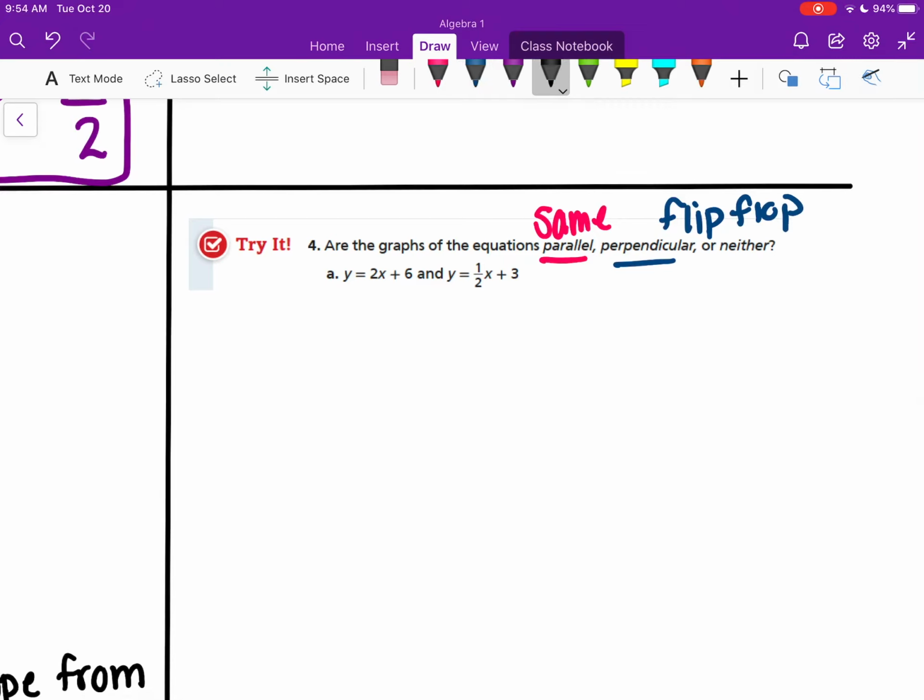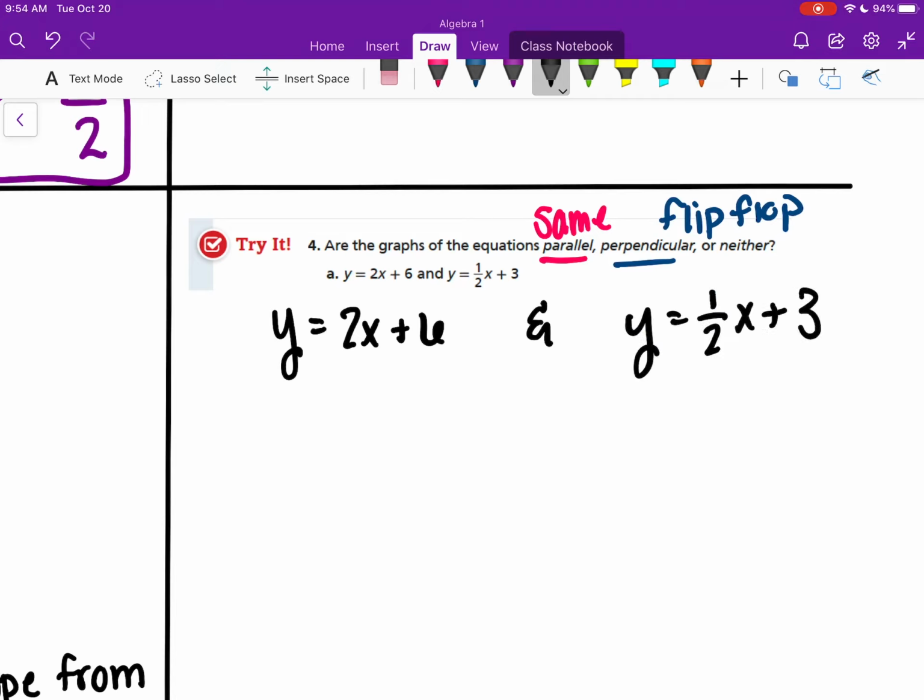So let's look at A. It gives us y equals 2x plus 6 and y equals 1/2 x plus 3. Let's pick out those slopes. The slope of this first line is 2. The slope of the second line is 1/2.